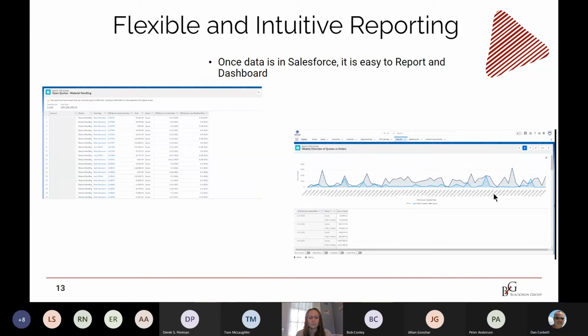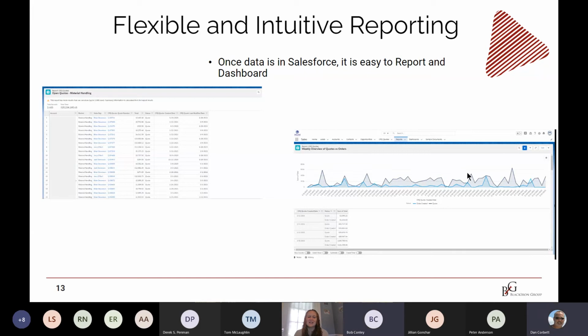Right. Bob has also built, and I don't mean to speak for Bob, but I know that he's built a lot of reports for our CEO in terms of who's quoted what in the timeline on the different quotes. I think the last time I went into the reports folder, Bob, I think you added like 20 reports in there in like the month. Wow.